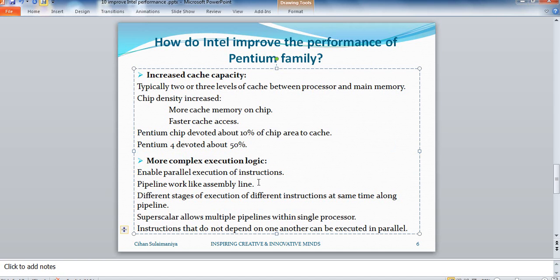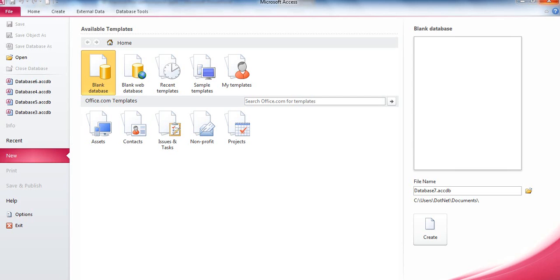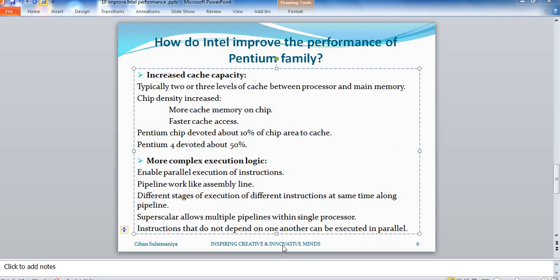See here? So more complex execution logic thus enables the parallel execution of instructions. The pipelining works like a simple line.